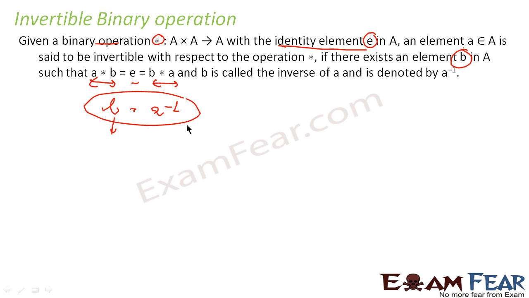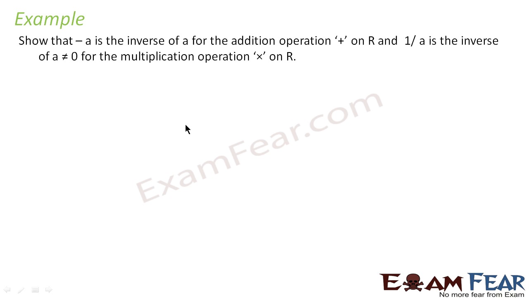We'll take some examples. We have to prove that minus A is the inverse of A for the addition operation on R, and 1 by A is the inverse of A for the multiplication operation on R, where A is not equal to 0 obviously. So if you say minus A plus A, we are talking about the addition operation.